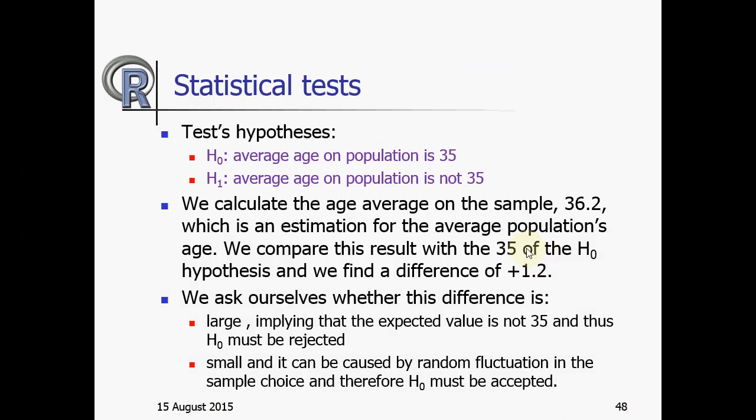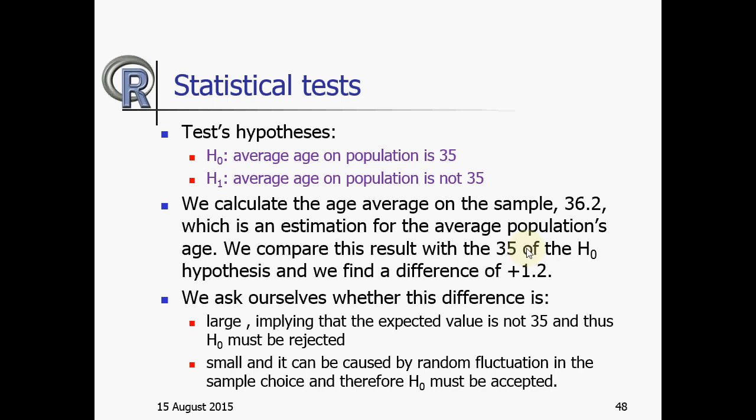Okay, so we have 36.2 on our sample. However, our hypothesis was that the average age on the population was 35. There is a difference of plus 1.2. So the sample we found is slightly older than what we expected.